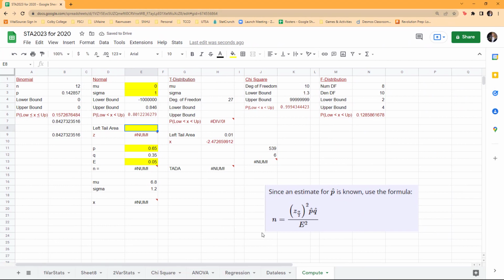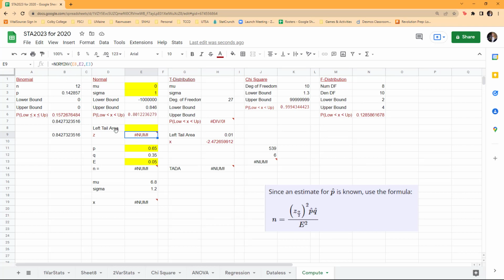So I grab the Google Sheets, I go to the Compute tab. This is where I don't have to look up in a table. So this is the standardized z-value, which means the mean has to be 0, standard deviation has to be 1. This other stuff doesn't even matter, okay? But then I created a function here that says equals NORMINV.